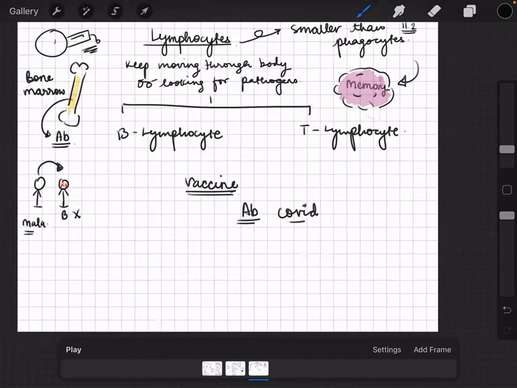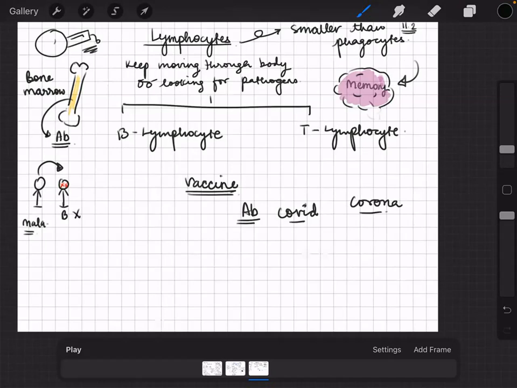Now, the COVID virus is very similar in its structure and its abilities to cause disease to a class of molecules. So corona is a class of viruses. There are many other viruses that look and behave similar to the COVID virus.